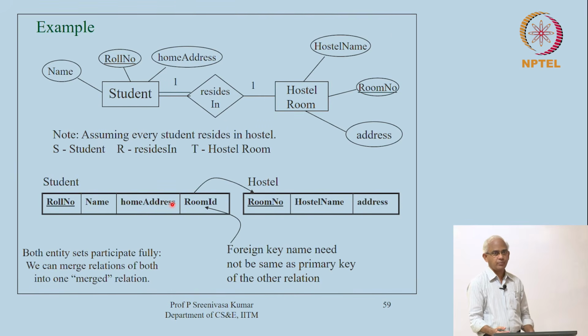I do not advise that, mainly because these entities have their own identity in some sense. So, we would like to capture them as separate relations, and the association is best captured using foreign keys rather than merging them, because they would not then logically make sense.